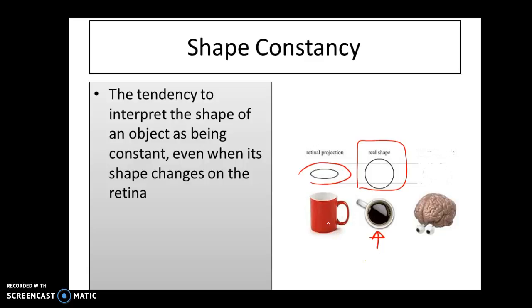We think of it as the same object, even though the shape that is sent to our retina is different. We recognize it as the same. It's constancy. It has to do with the image that is sent to the retina, which is different, but yet we interpret the object as the same.